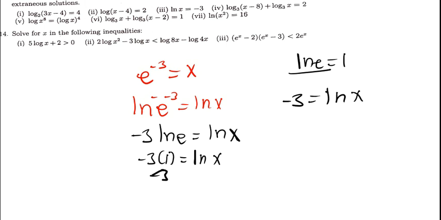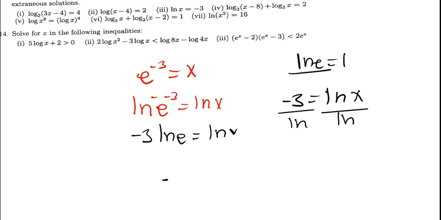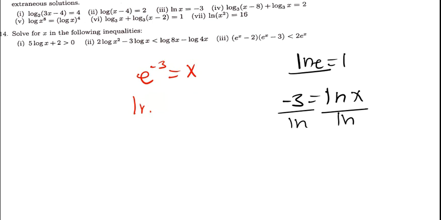Divide both sides by ln, so my x value will be equal to negative 3 over ln.